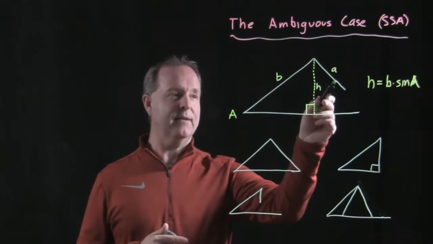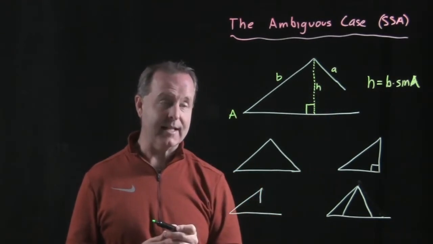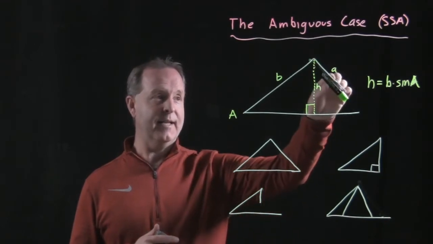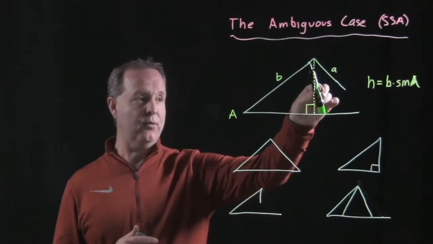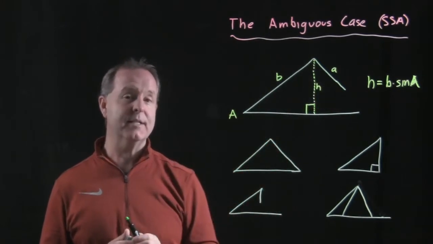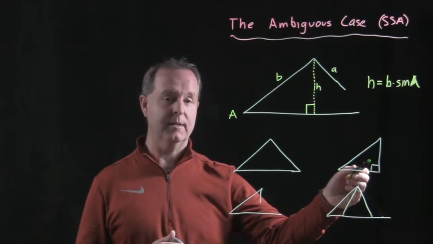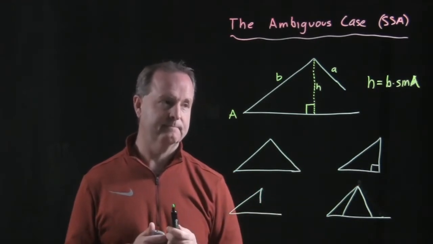If this length, a, was the exact same length as the altitude of that triangle, then as it came on down, it would slide right into a right triangle position. In that case, we would have one triangle formed, but it'd be a right triangle.